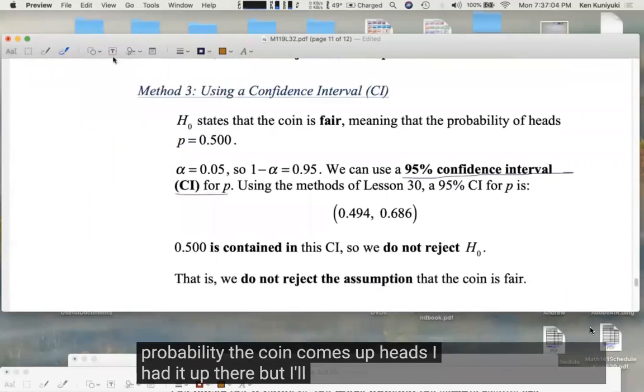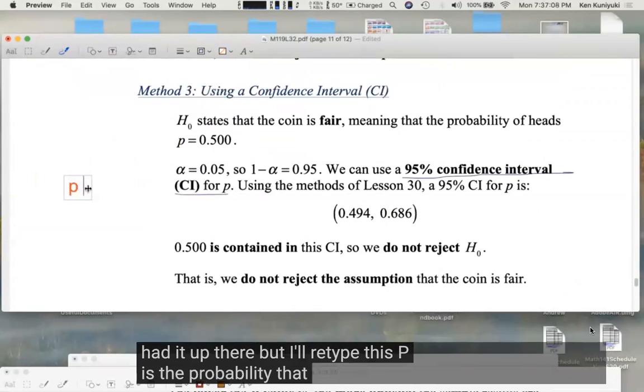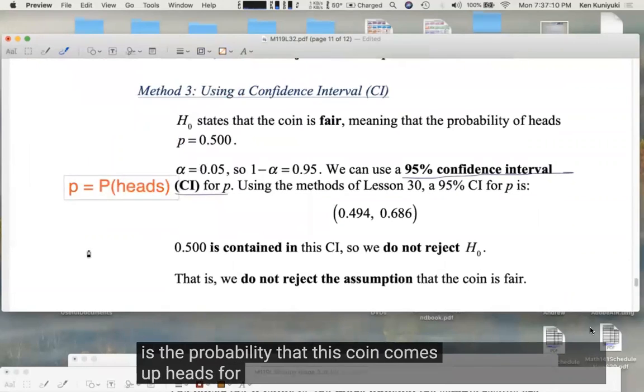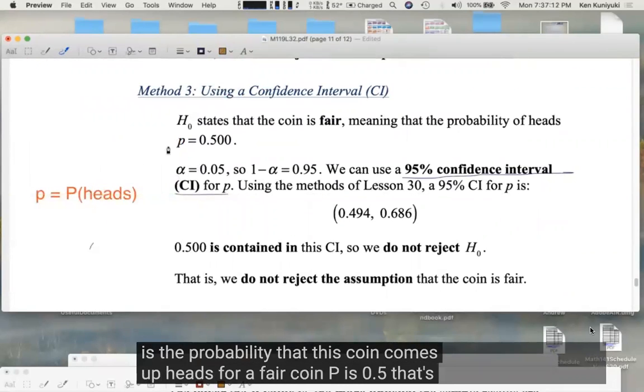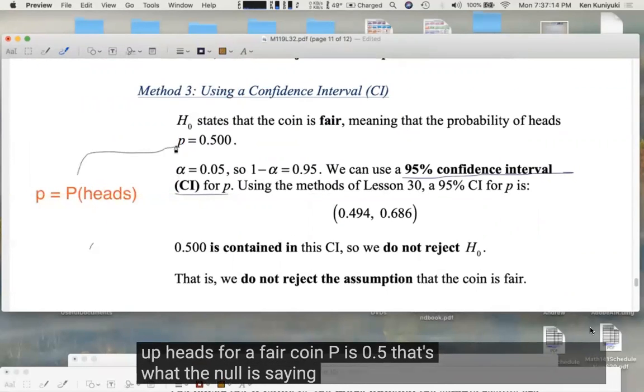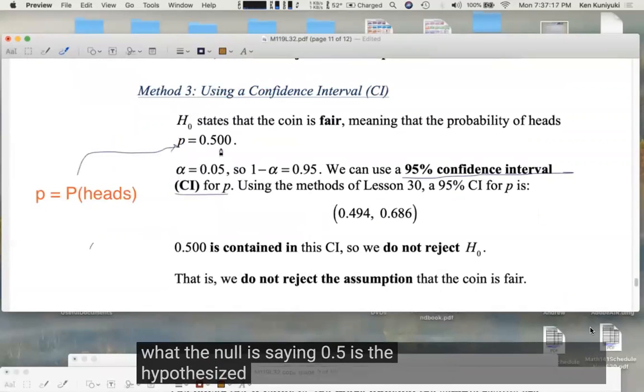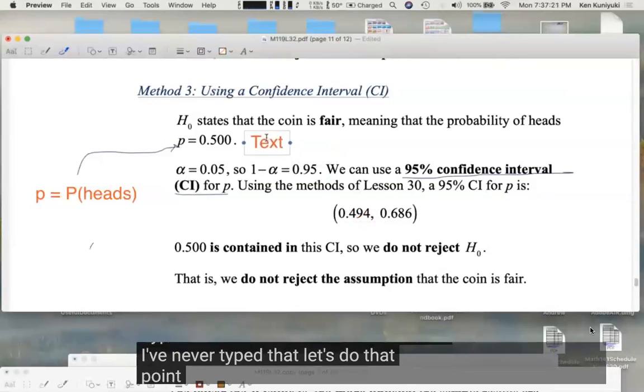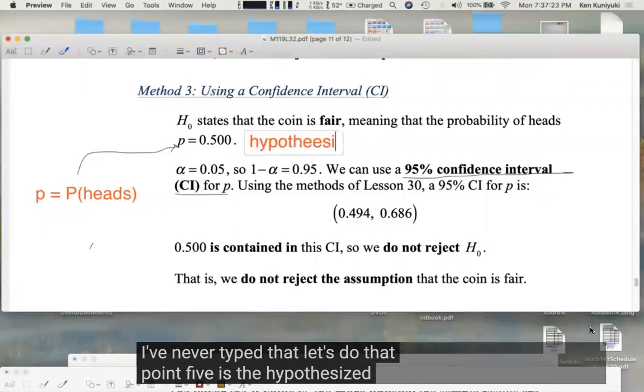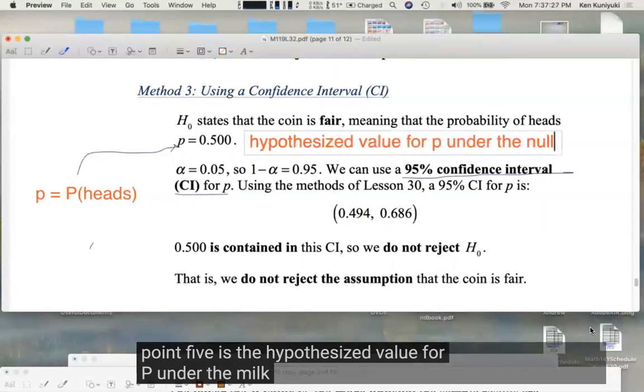P is the probability that this coin comes up heads. For a fair coin, P is 0.5. That's what the null is saying. 0.5 is the hypothesized value for P under the null.